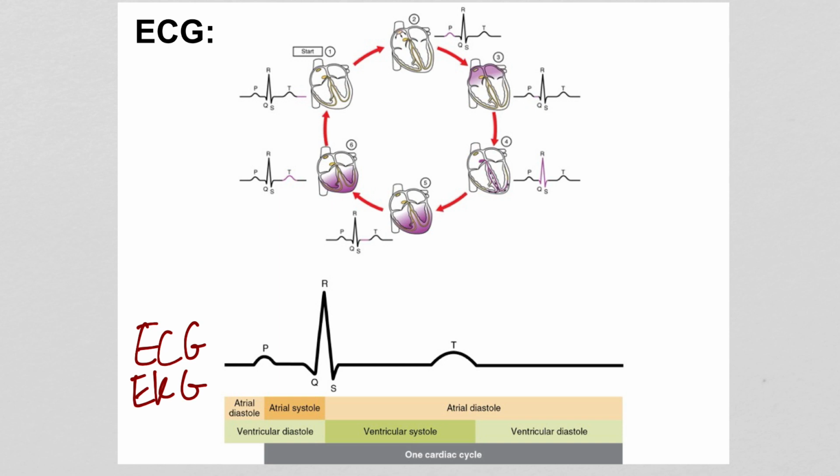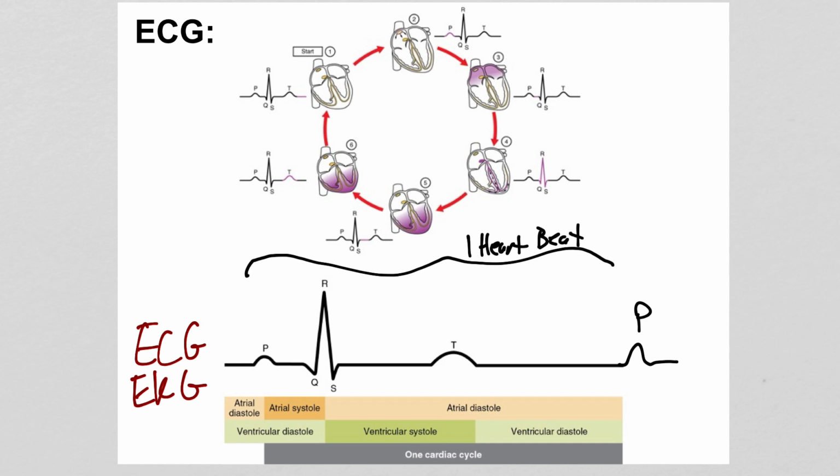And so it basically gives us an average of all the electricity in a heart over time. Right? So if we extended it over here, eventually you would see another P wave. And so the distance from the start of one P wave to the start of another P wave represents one heartbeat, one contraction cycle.